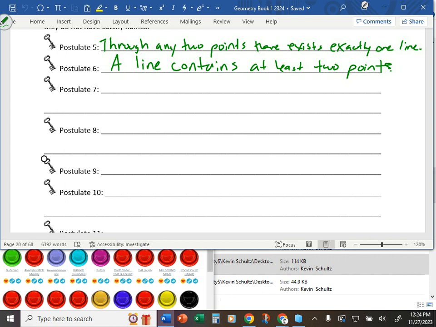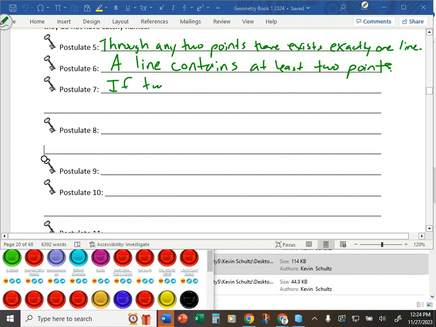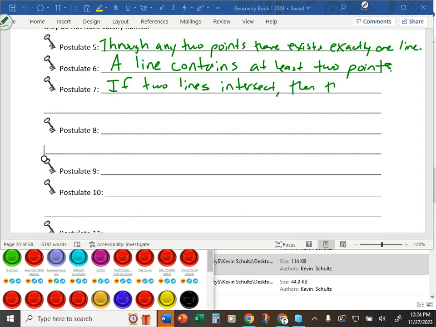Okay, Kristen? Postulate 7, the one I didn't know before. Oh, now I do. If 2 lines intersect, then their intersection is exactly 1 point.